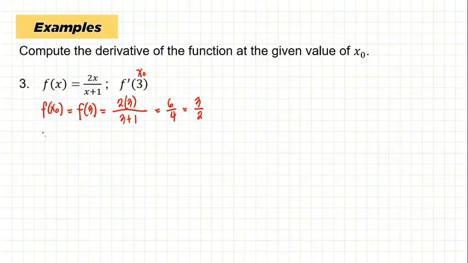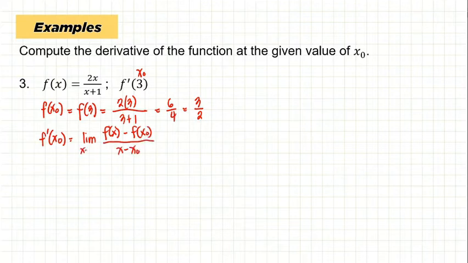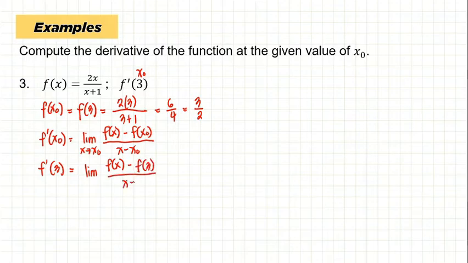So from that, we can now solve for f prime of x sub o, and that is the limit of f of x minus f of x sub o all over x minus x sub o as x approaches x sub o. Our x sub o is 3, so we have f prime of 3, and that is the limit of f of x minus f of 3 all over x minus 3 as x approaches 3.